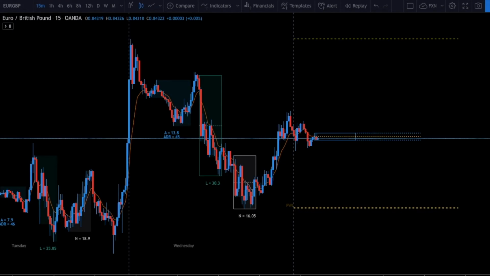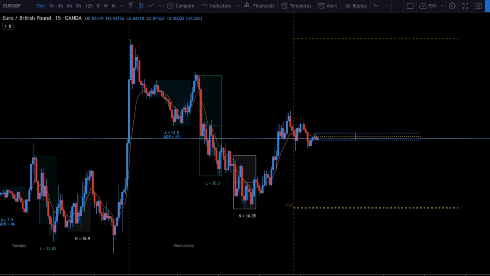All right, guys. So as we talk about ADR here, the average daily range, what is it, right? Average daily range is basically just what it sounds like. It's the average that a specific pair typically moves within a day.